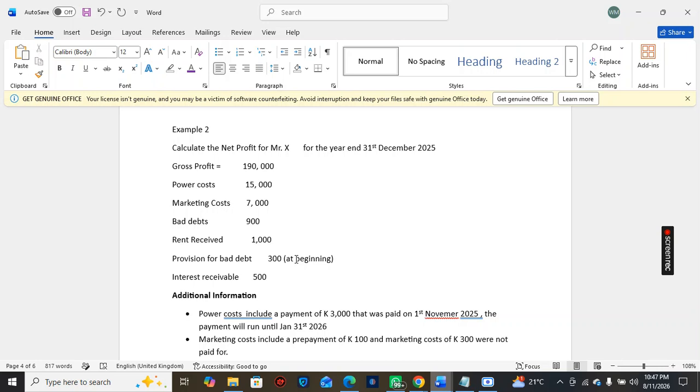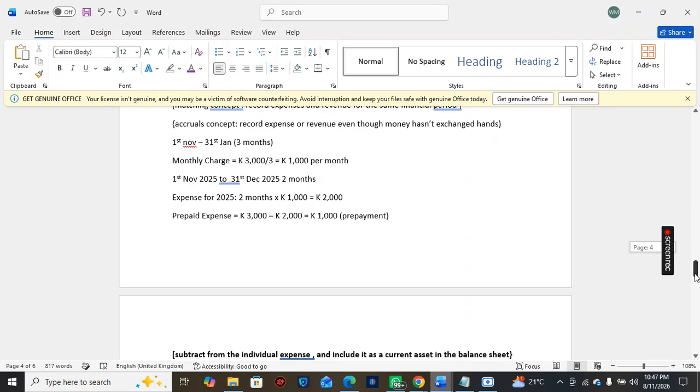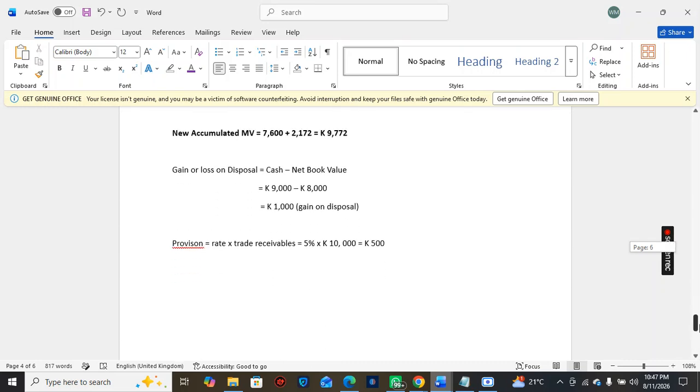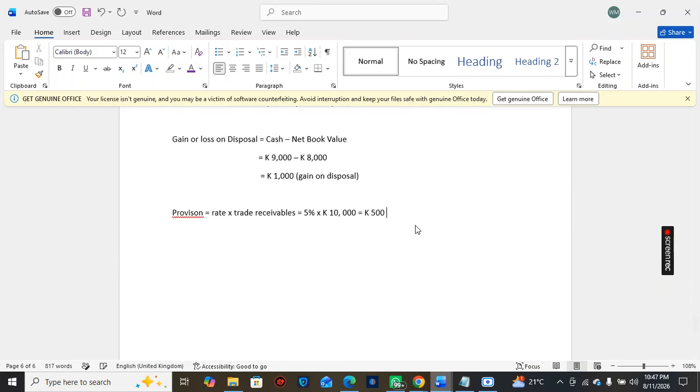What will be owed in January is going to be different from what will be owed in December. That's why we're comparing at the beginning and at the end. We want to see, has this estimate dropped or has it increased? So we compare.